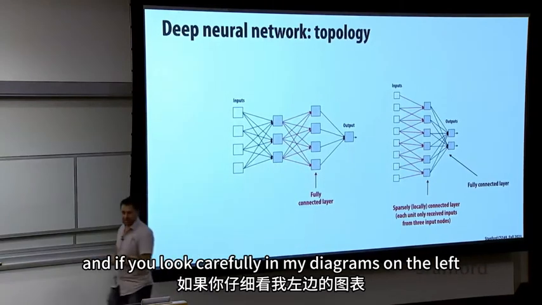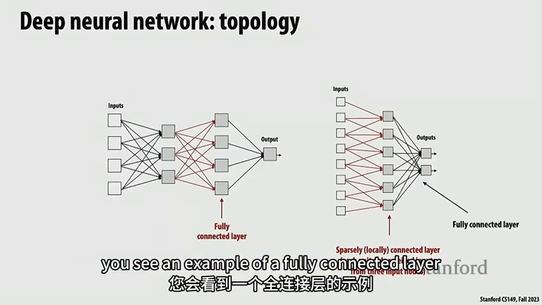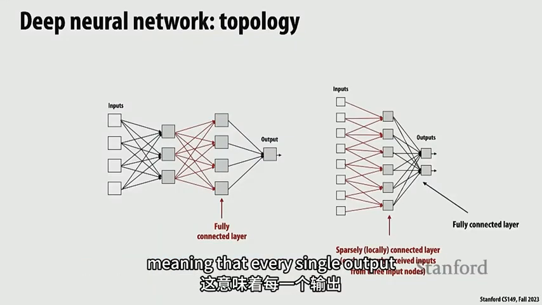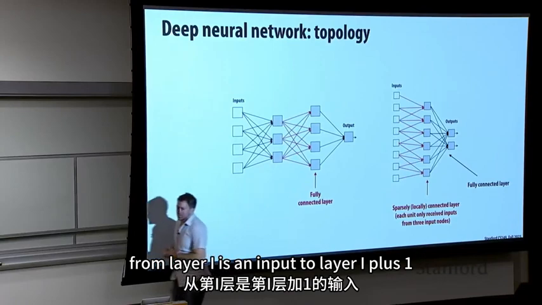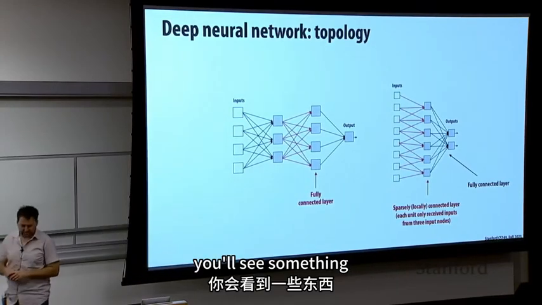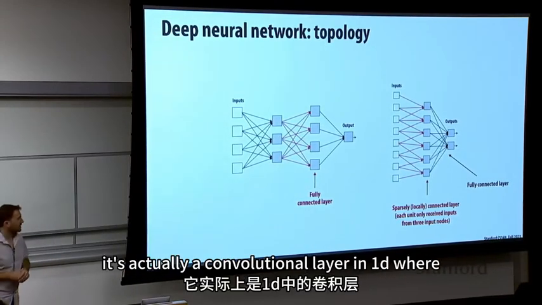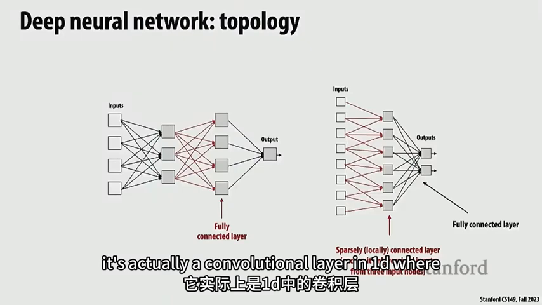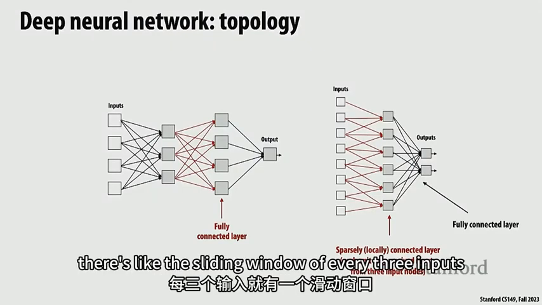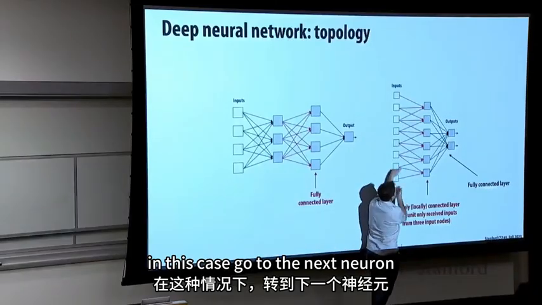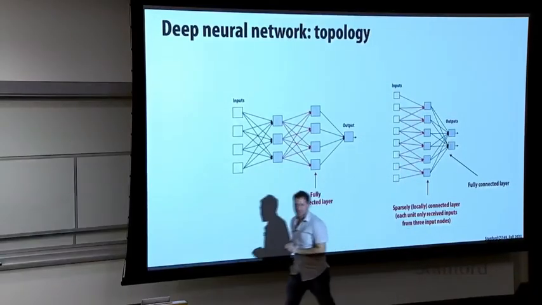In my diagram on the left, you see an example of a fully connected layer, meaning every single output from layer i is an input to layer i plus 1. On the right, you'll see something that's not a fully connected layer. It's a convolutional layer in 1D, where a sliding window of every 3 inputs goes to the next neuron.